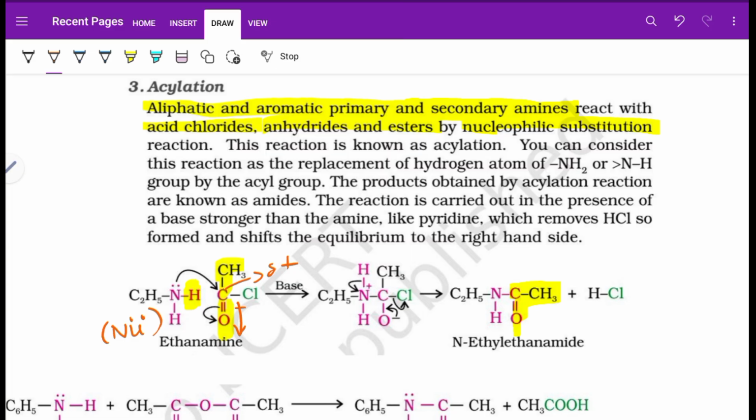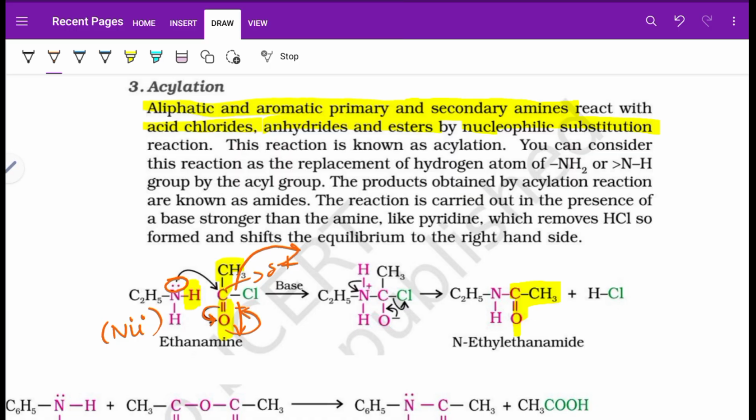So the nitrogen having its lone pair attacks the electrophilic site, that is the delta positive site, and there is oxygen getting O minus. It can return and eliminate Cl minus.